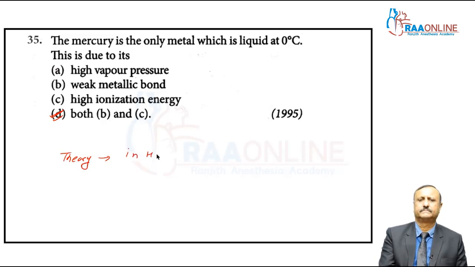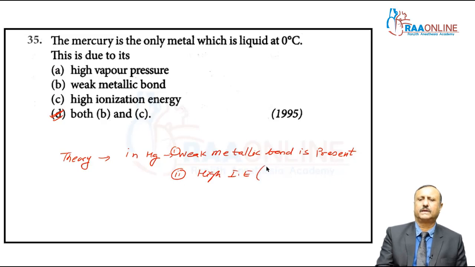In mercury, weak metallic bonding is present, number 1, and number 2, high ionization energy, because in mercury you can see the electronic configuration is 5d10 6s2.